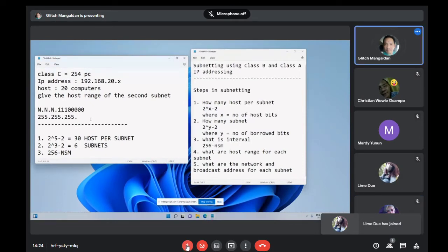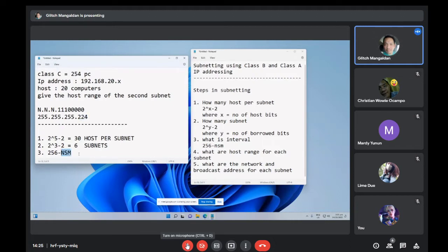Okay, that is 224. Okay, paano naging 224 yan? Inadd yung 128 plus 64 plus 32. Remember, by powers of 2. So we have here 3 barrel bits. So that is equivalent to 224. Okay, that's correct.